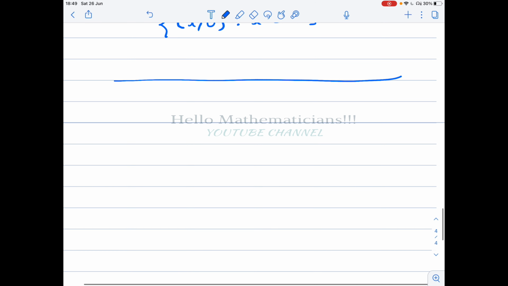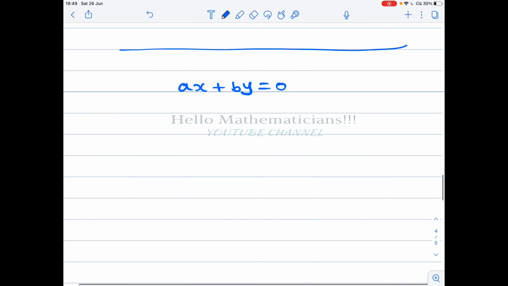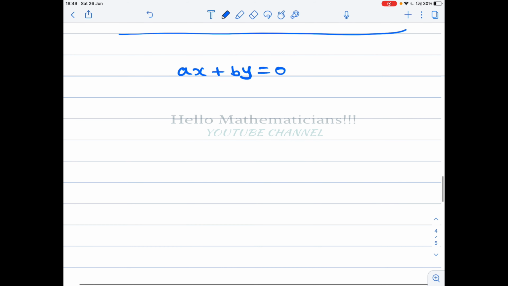Because an arbitrary line in R2, you consider ax plus by equal to 0. Any equation in two variables represents a line. Why? Because you can write x equal to minus by by a.